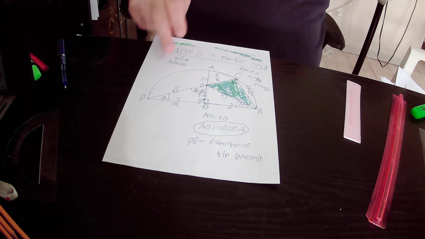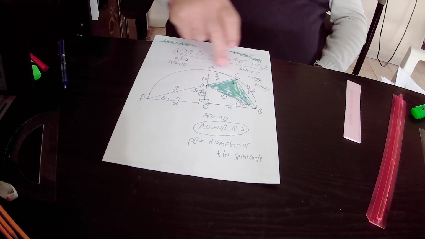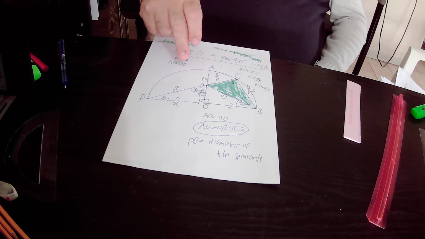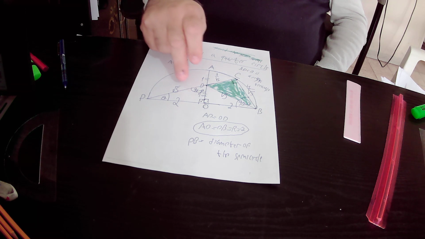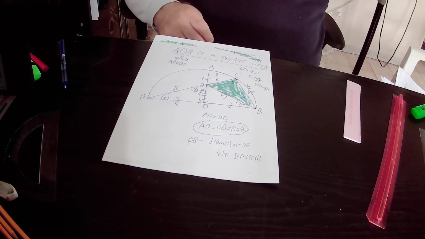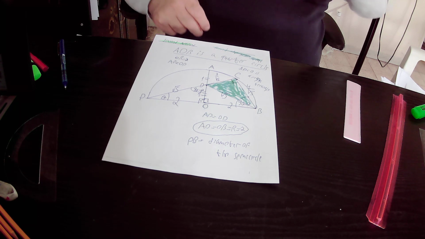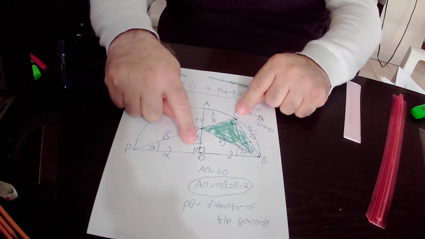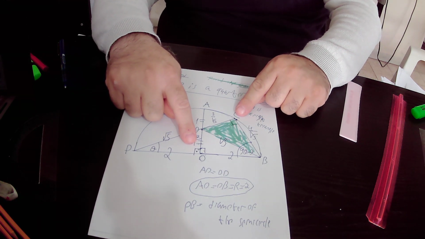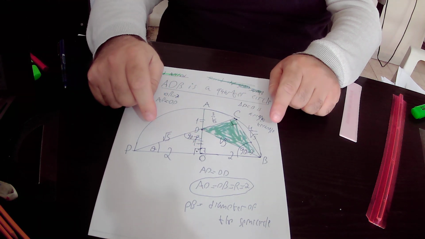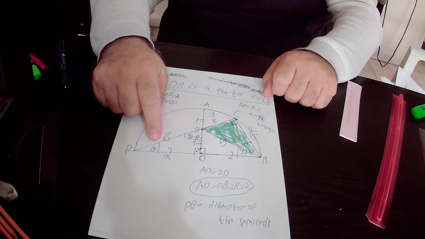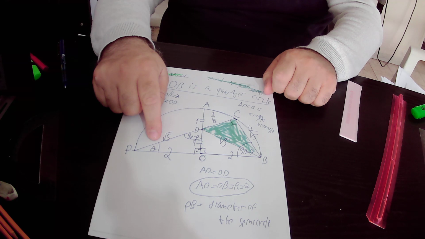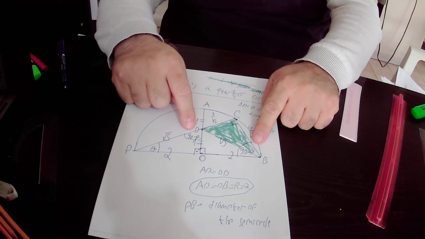Then we proved that the right big triangle, triangle PCB, is similar to the right small triangle, triangle POD. Why are those two triangles similar to each other? First of all, we have those two angles, they are both right angles, therefore they are equal to each other. This angle theta is a common angle that belongs to both triangles, so this angle equals itself, and those two angles are both equal to 90 degrees minus theta, therefore they are equal to each other.